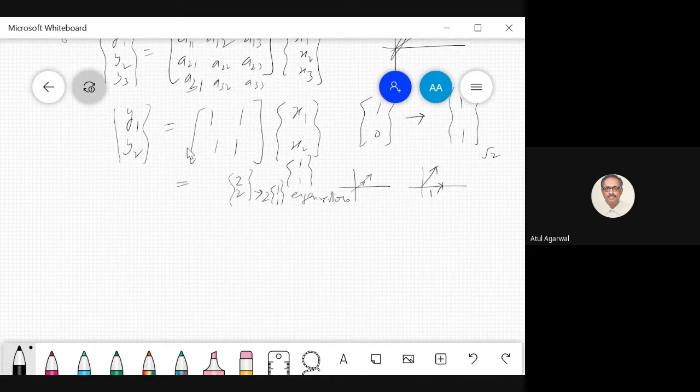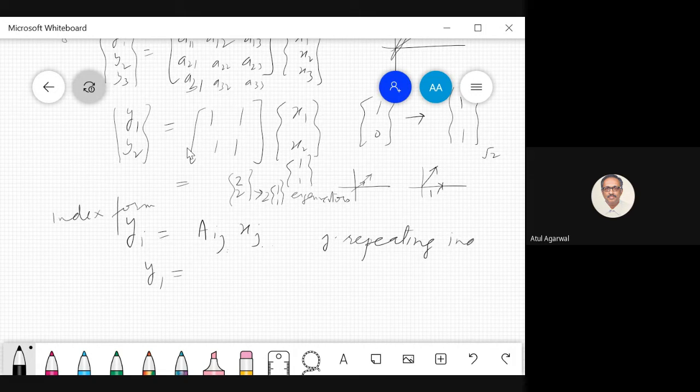So how do you write it in index form? y_i is equal to A_ij x_j. So this is in index form. So what is y1? You see, j is a repeating index here. Whatever repeats has to take all three values, 1, 2, 3.